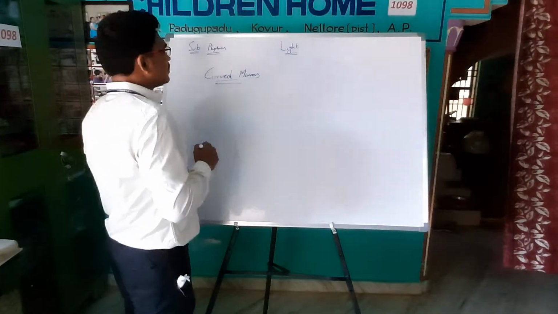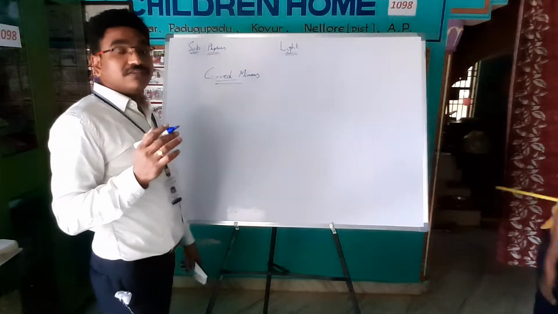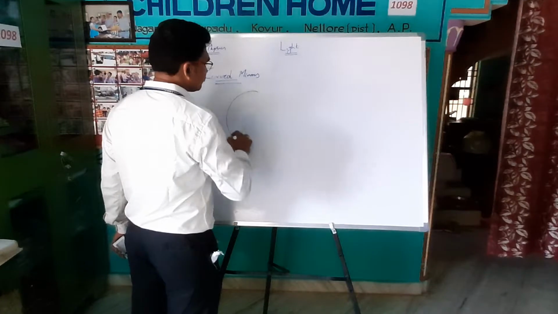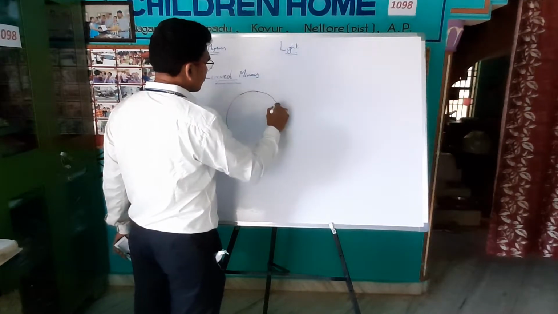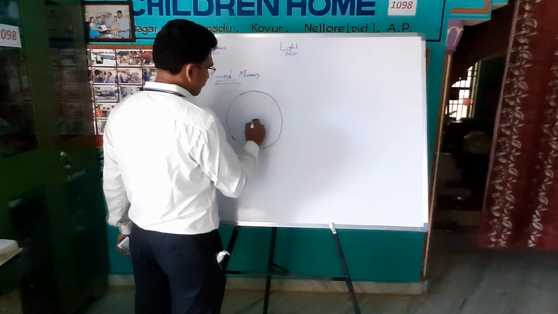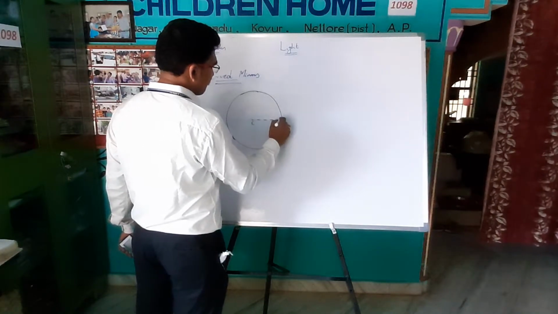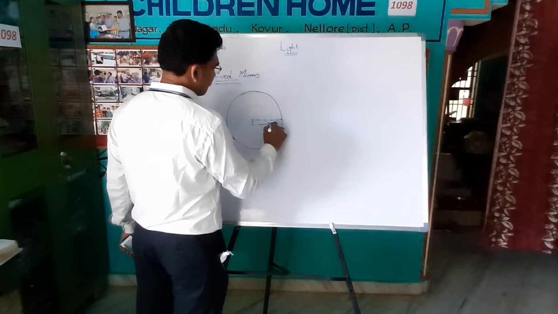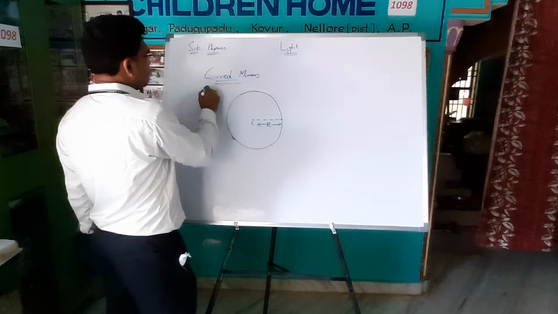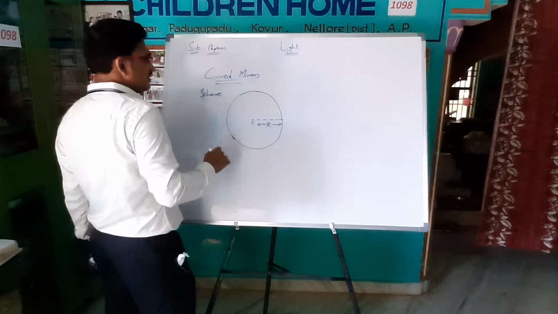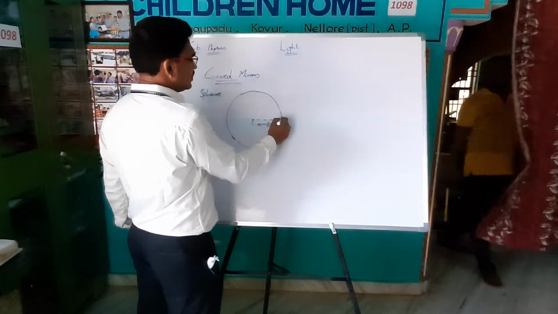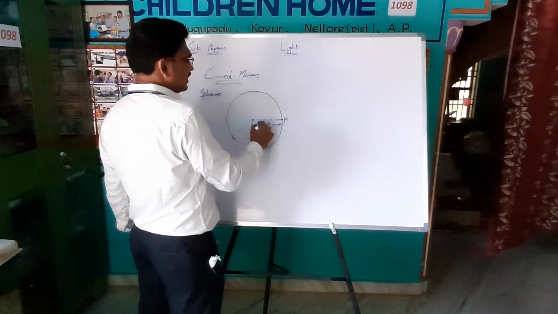Now, of course, curved mirrors are part of a sphere, which is three-dimensional. If I take a sphere, it has a center, and from the center to this point P, I can say it is the radius.